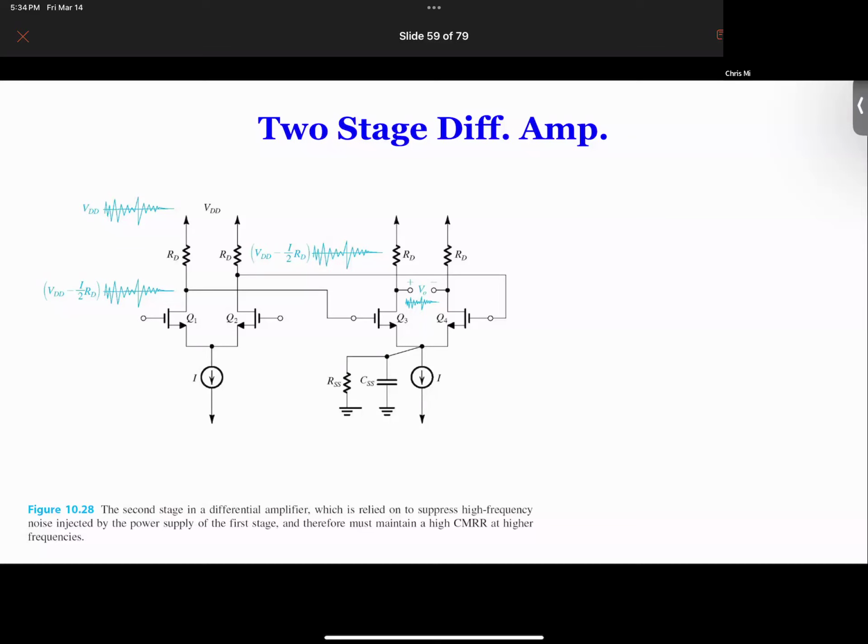Because instead of here, you already have the amplification here, you already got this and this, and then here you got another 20. So it becomes a very, very steep drop in terms of common mode gain.